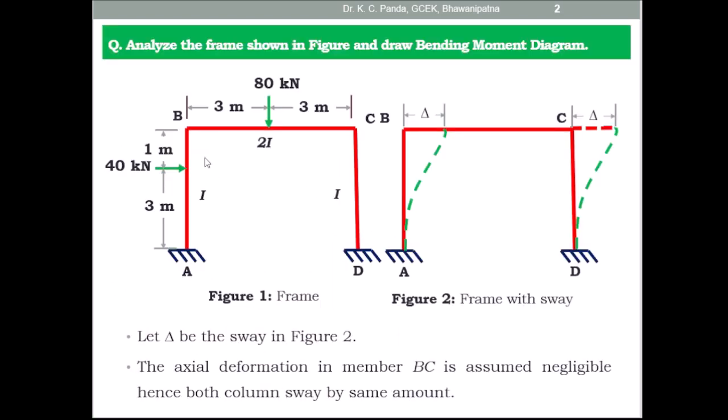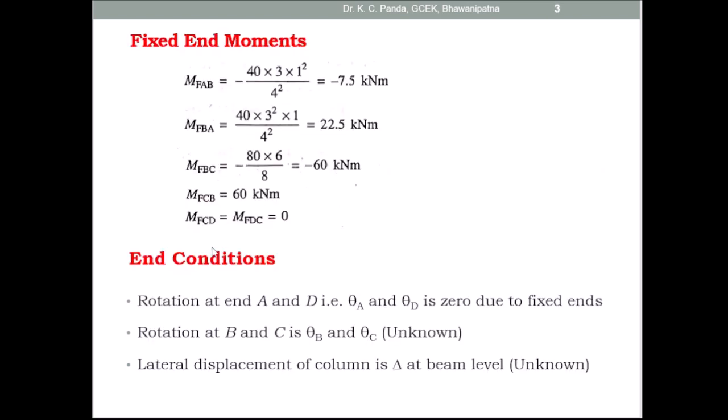Then take MBA. So MBA is equal to MFBA plus 2EI by L into 2 theta B plus theta A minus 3 delta by L. So you know MFBA is equal to 22.5.